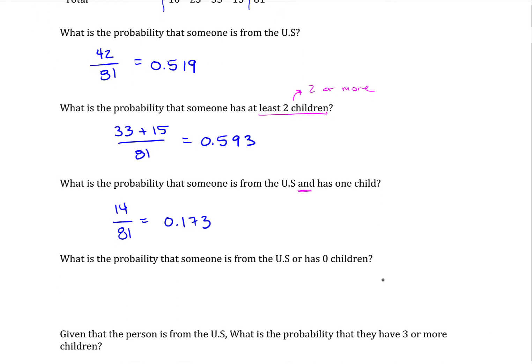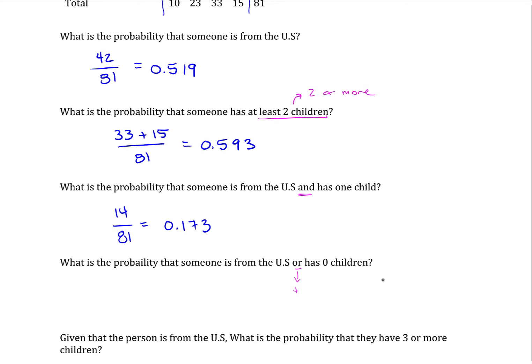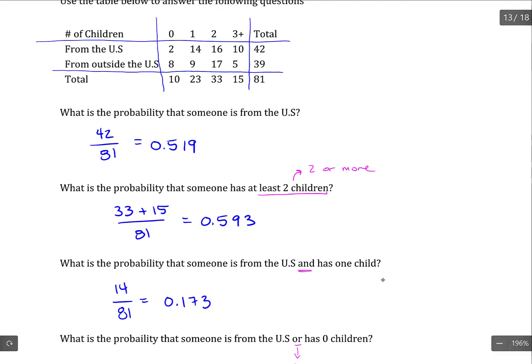What is the probability that someone is from the US or has 0 children? So the or tells us to add things together, but be careful of any overlap. So from the US, there are 42, has no children, there's 10, but that 42 counts each of these items, and that 10 counts these 2.